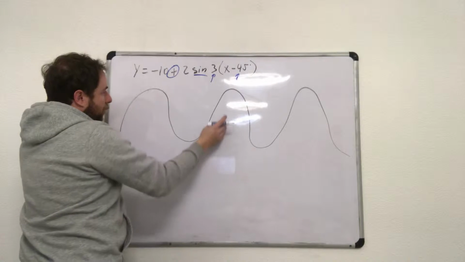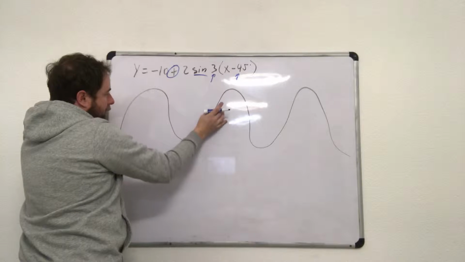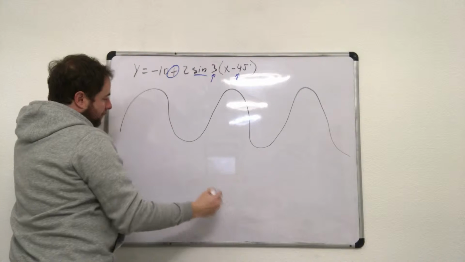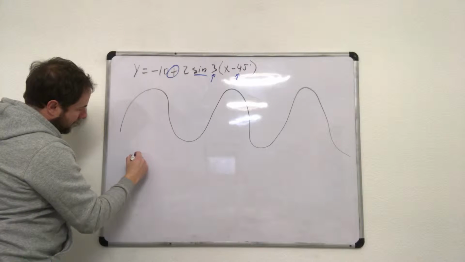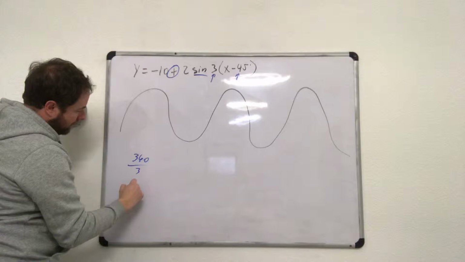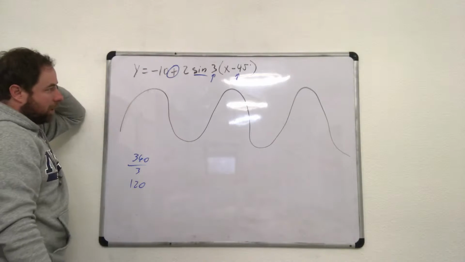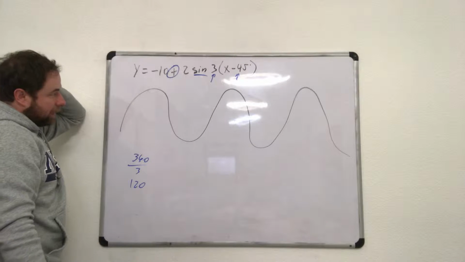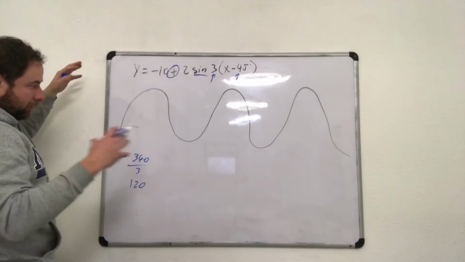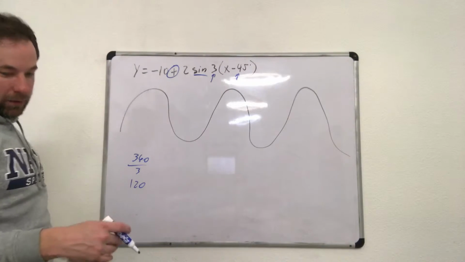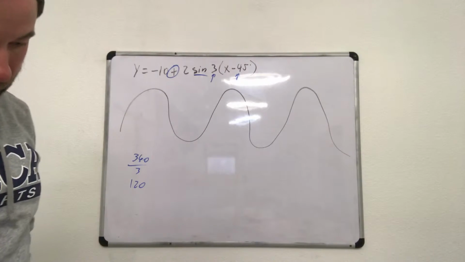It's going to be a perfect positive sine function, except actually we got to start with the period. The period is 3, so it is 360 divided by 3, so the period is actually 120. So a full cycle from start to finish is going to be 120.